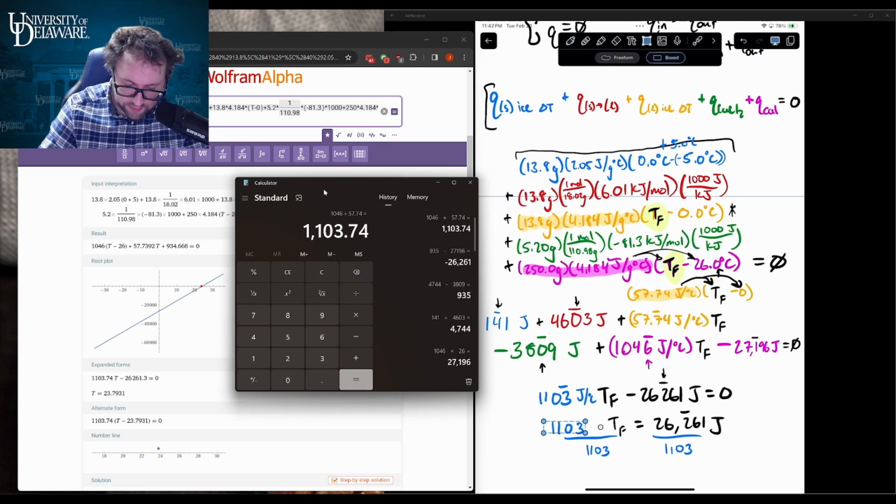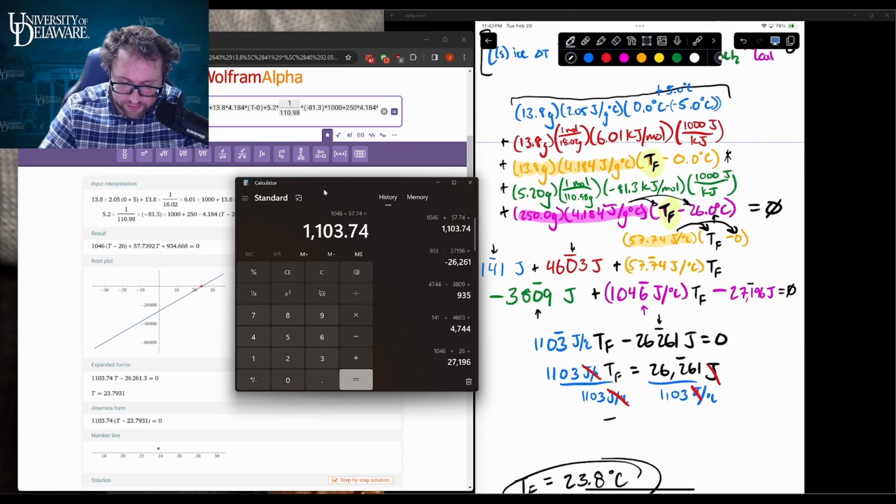Same idea over here. Joules per degree Celsius, joules per degree Celsius. And this is important because when I do this cancellation here, this joule cancels, and I'm left with 1 over degree C in my denominator. So my final answer will have units degrees Celsius.